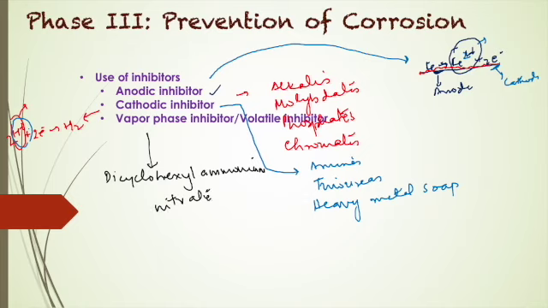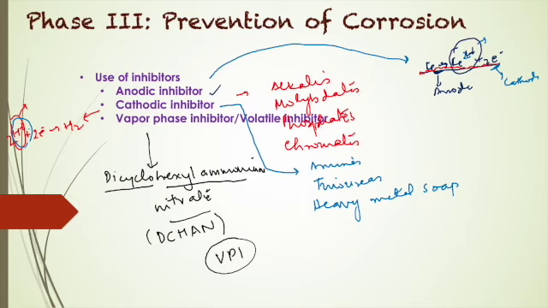So dicyclohexyl ammonium nitrate, okay, DCHAN. You can also remember it like this, DCHAN. These are the vapor phase inhibitors or VPIs.